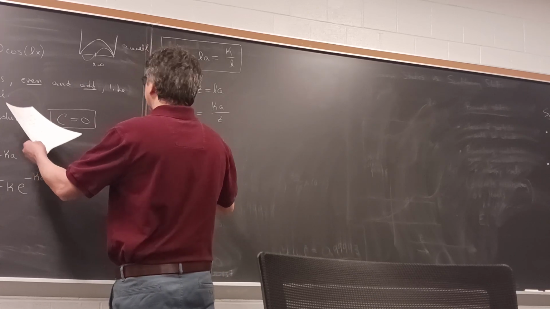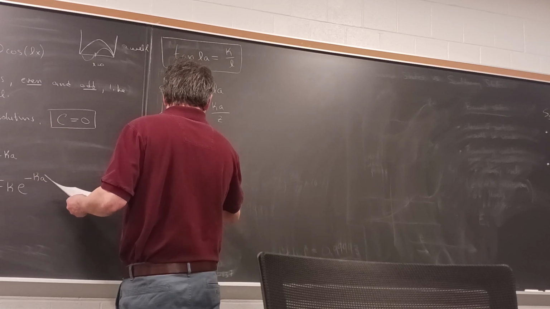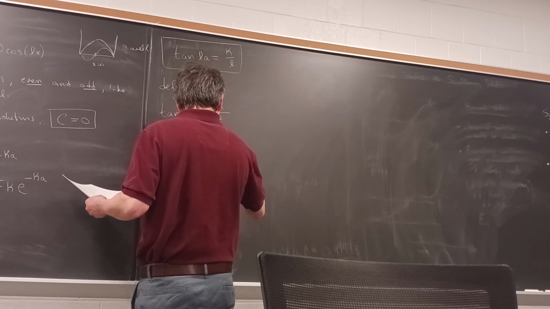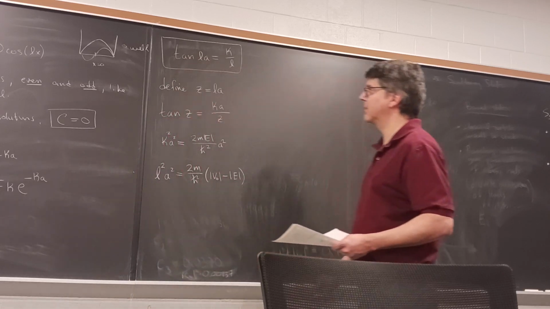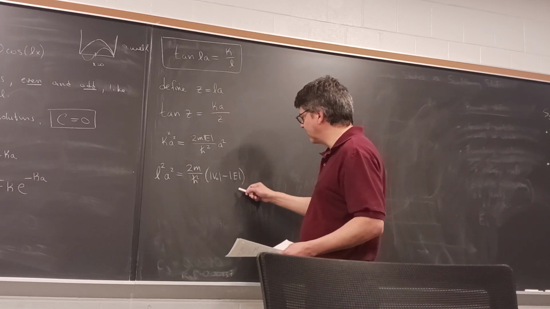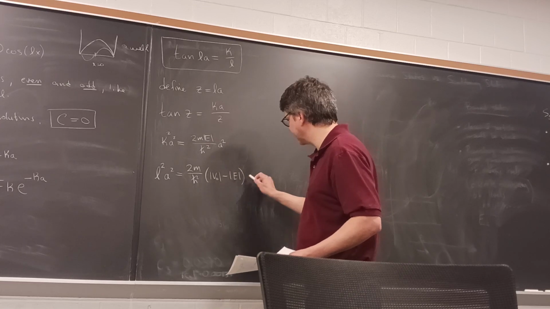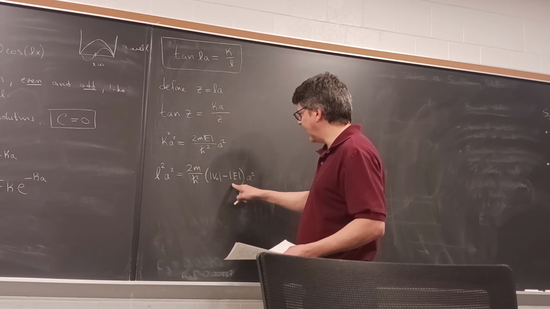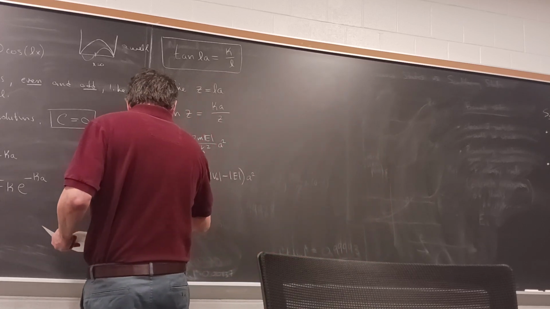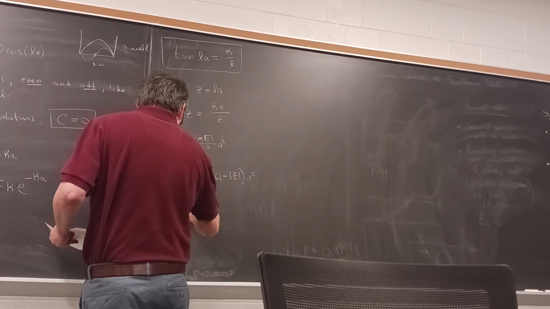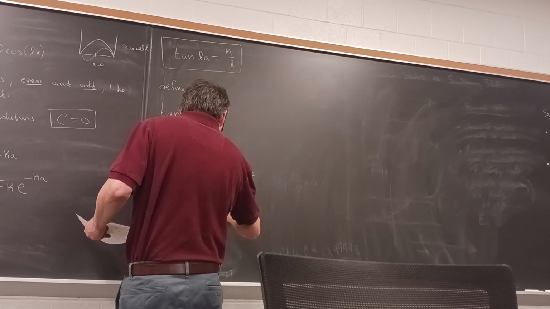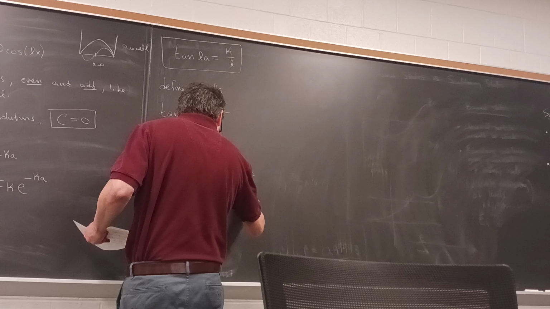L squared a squared is 2m over h bar squared times magnitude V0 minus magnitude E. So if I add these two together, these terms will cancel, and so I have kappa squared a squared plus L squared a squared will be 2m over h bar squared magnitude V0 times a squared.